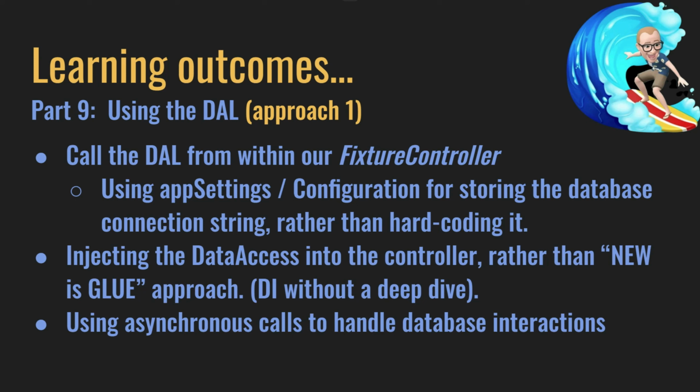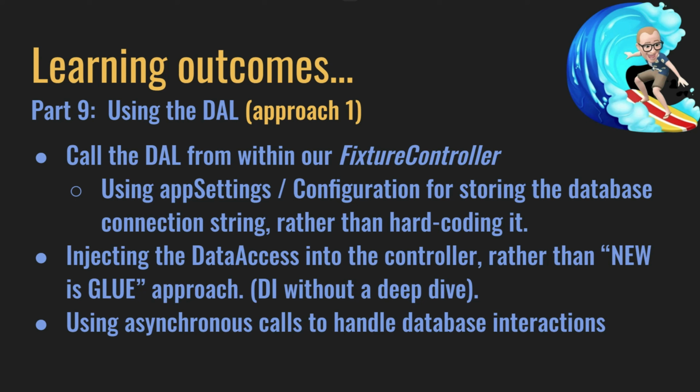We're going to inject the data access into the fixtures controller rather than this new-as-glue problem that I discussed while we were hooking up our test harness, and we're going to do that via dependency injection. With regards to dependency injection, we're going to wire up the system so it works.